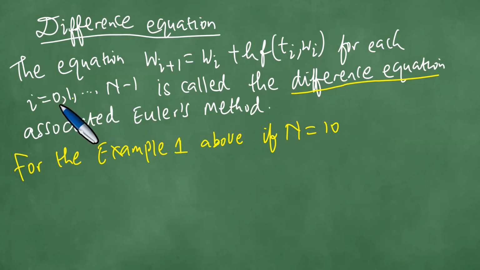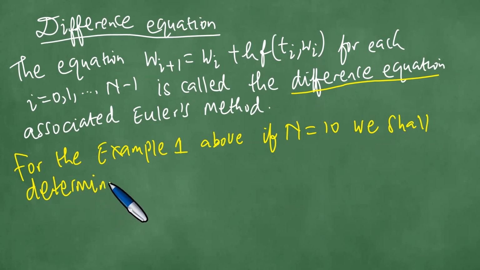But we shall be having 10 i values, and therefore 10 W's. For the example above, if N equals 10, we are going to do this now, we shall determine approximations.